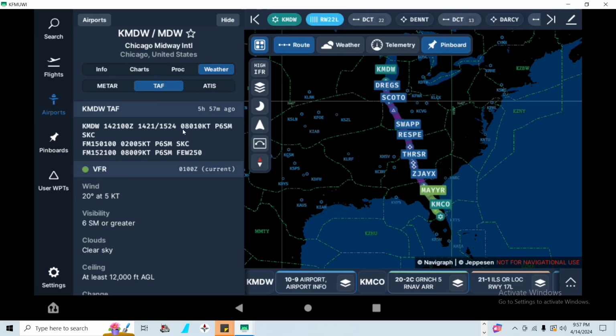So 080 degrees at 10 knots, and then you have P as in Paul, 6 SM, so that stands for plus 6 statute miles, so visibility is pretty good right now. Then you have SKC, so skies clear is what that stands for.